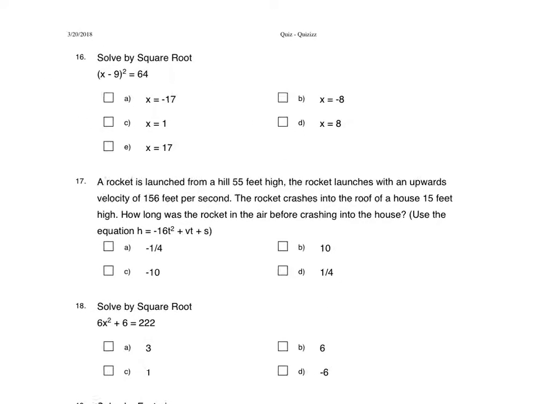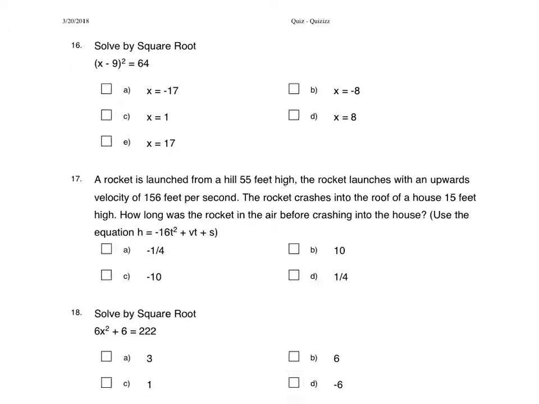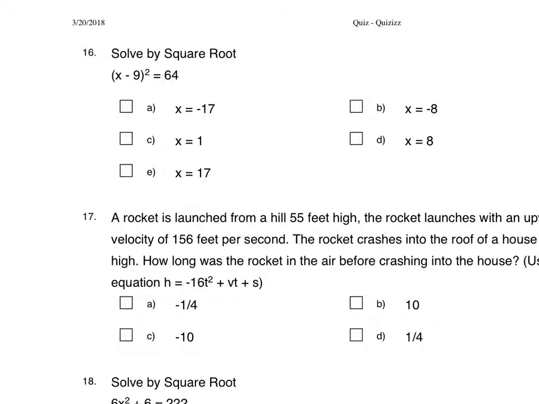Hey, 16, another solve by square root. Our squared term is x minus 9, which is already by itself, so we can go ahead and just take the square root. And we get x minus 9 equals plus or minus 8. A lot of you were forgetting this one because you had an actual integer number instead of the square root.